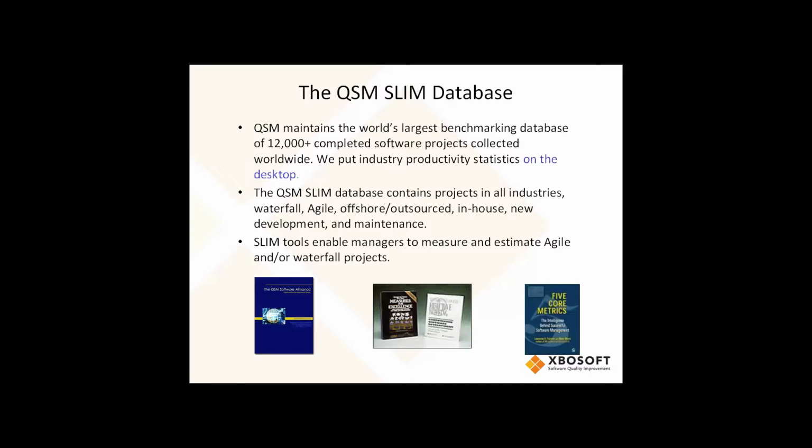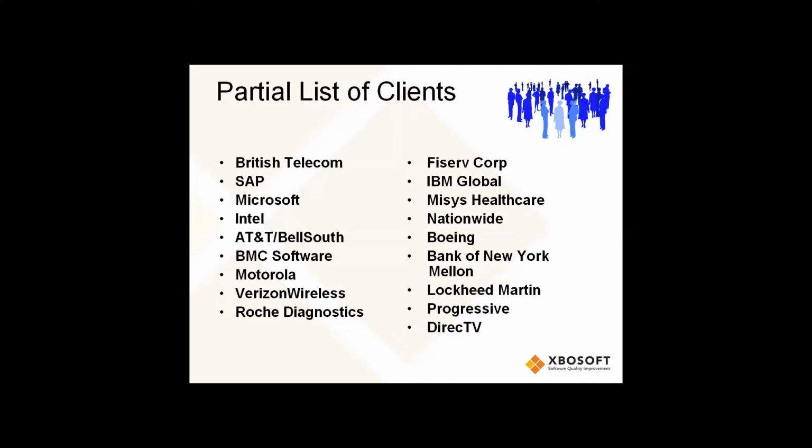A lot of our work is also published in several books, 5, 6, 7 books, as well as several dozen, if not 100, technical papers published through the Cutter Consortium, where I was the editor of the IT Metrics Strategies. So let's get into what we're talking about from our research data, which also includes a lot of household names in the software and technology industry.